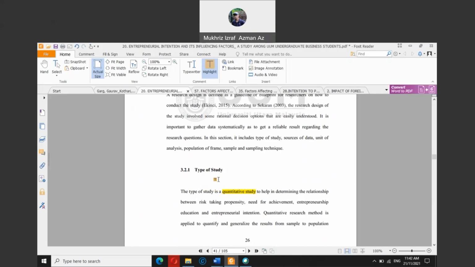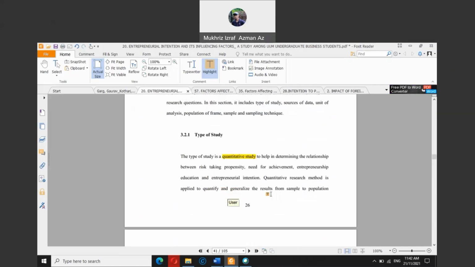So the type of study that we are going to apply for all groups, whether individual or group assignment, for group projects, will be based on quantitative. And the rest will be what you are actually looking at, for example, the relationship between the cost of living, depending on what topic of your choice.